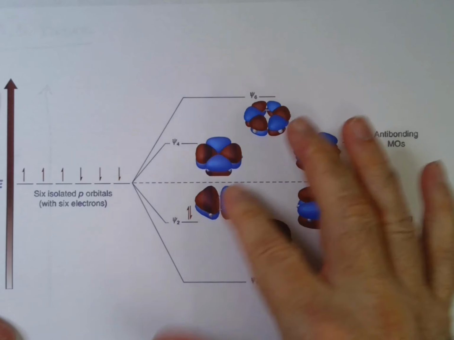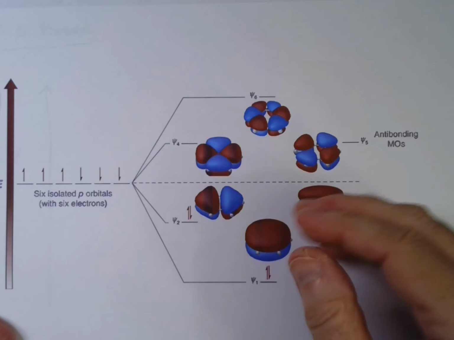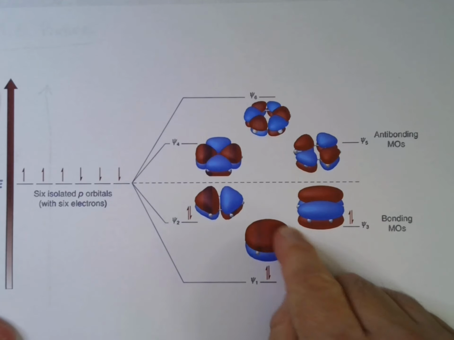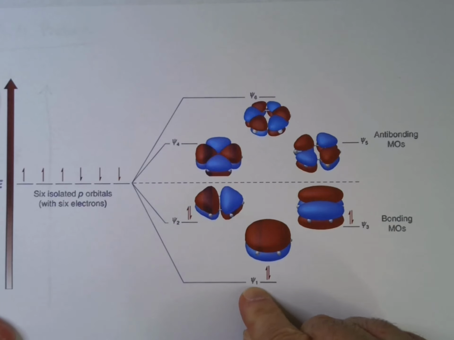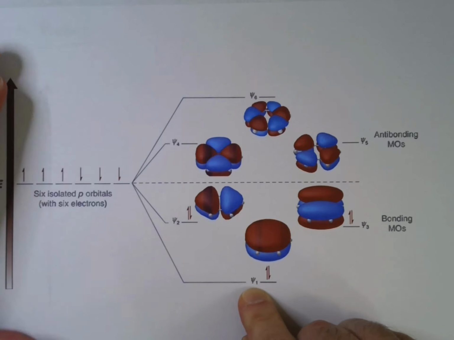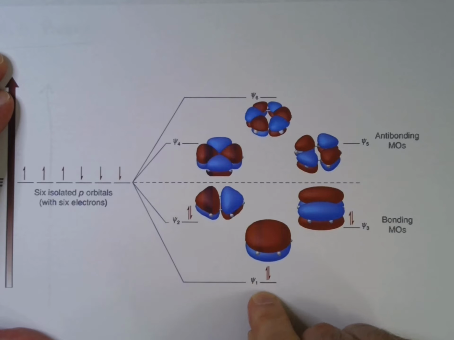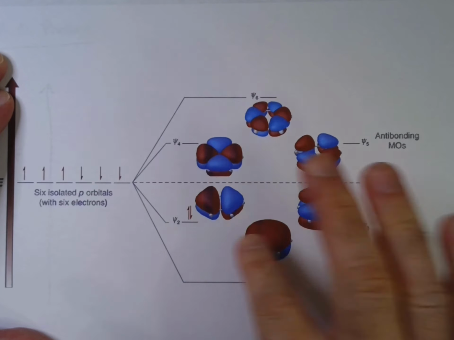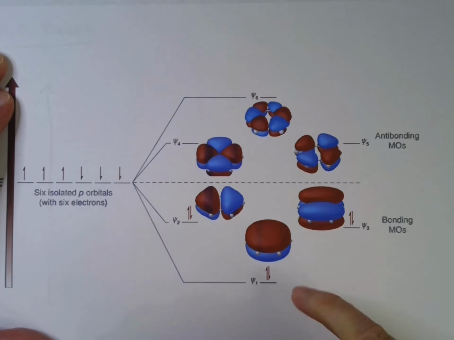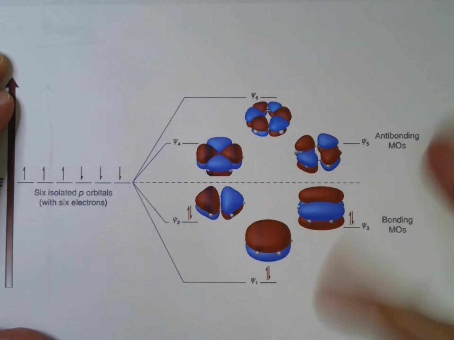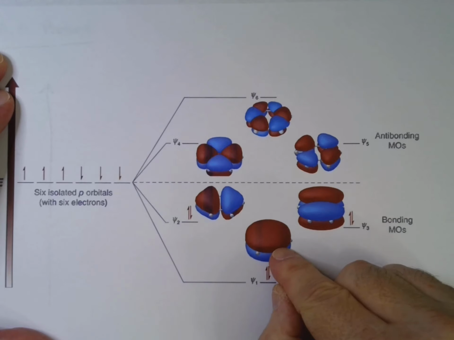And again, the phases of the individual p orbitals will change. When they're all the same phase, we get this lowest energy orbital, pi 1, or they call it here psi 1. I'm going to call it pi 1, I'll label it, but I use the Greek letter psi here instead. And this is our lowest energy, no nodes other than the node in between the p orbitals of the pi system.